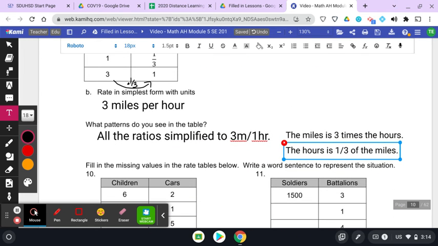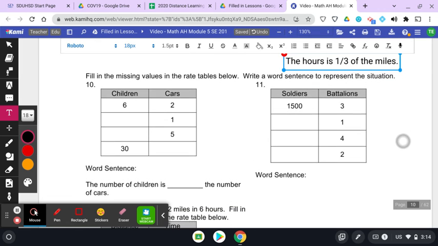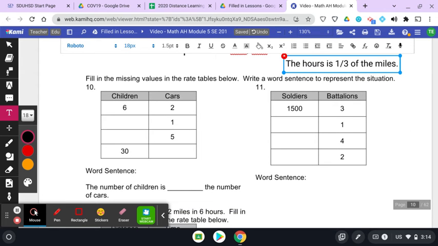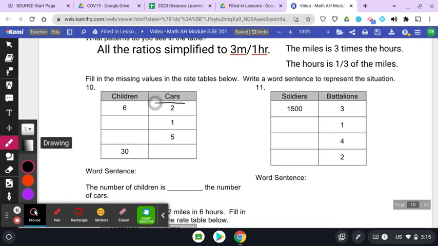All right. So next one, find the missing values. So you want to look at what you have. And it says it's constant, or we're assuming it's constant. So I'm looking at what I have. I have 6 children in 2 cars. So that means if I want to go from cars to children, I need to multiply by 3.